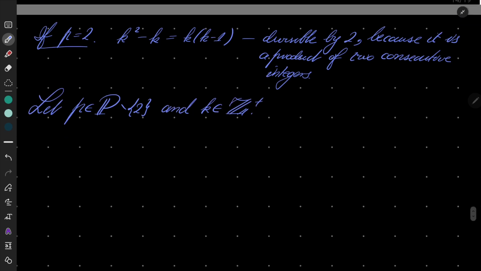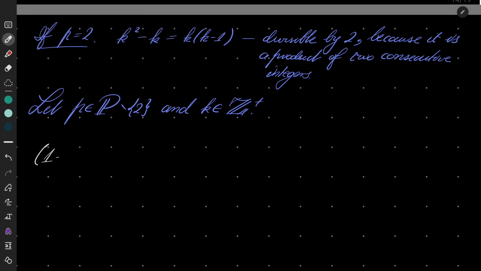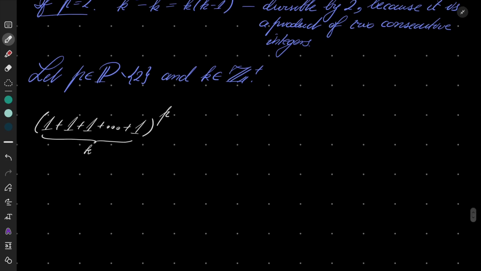Okay, so now let's take a look at the following number: 1 plus 1 plus 1 plus ... plus 1 to the power of p, and here we have k digits 1, k numbers 1.